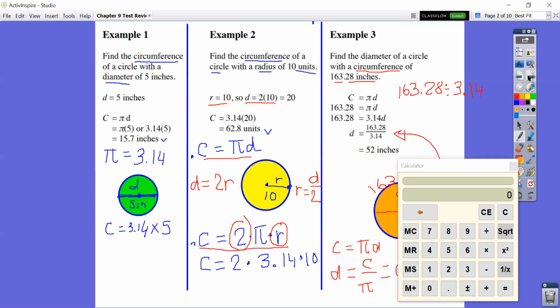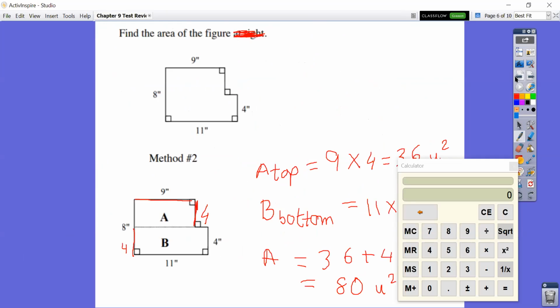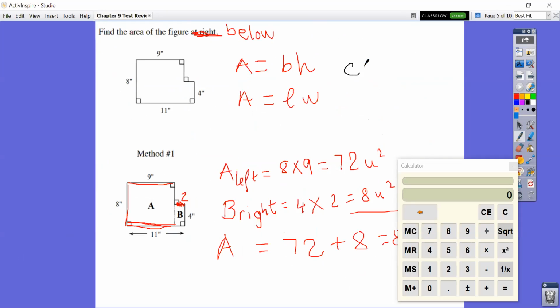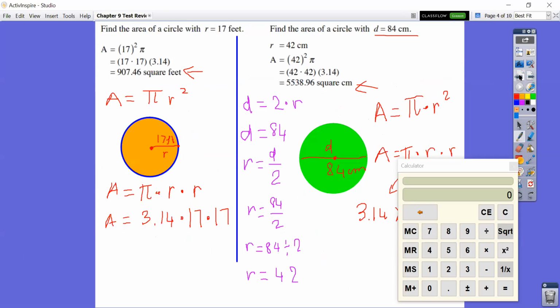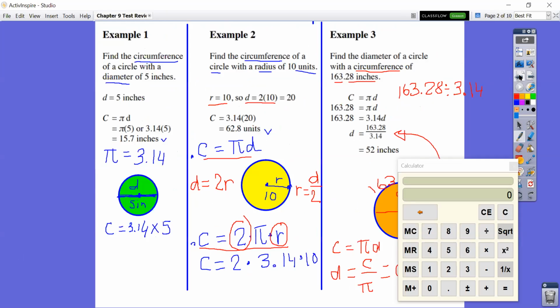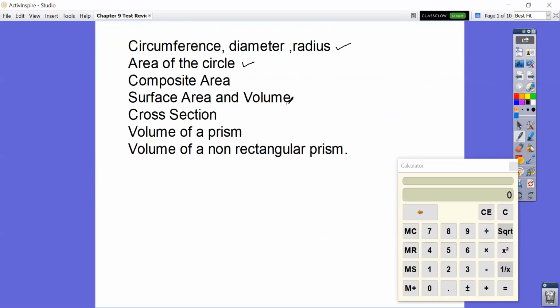That means this is the one. This is the composite area. Okay, this is what it means, composite area. And surface area, volume, we went over them all together already. And the cross sections, we already got them.